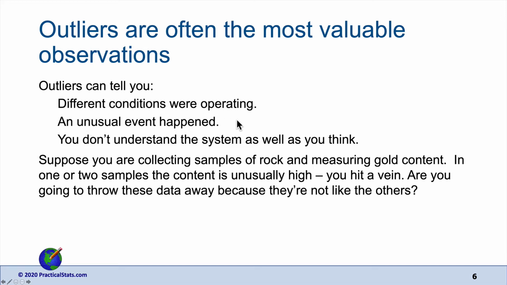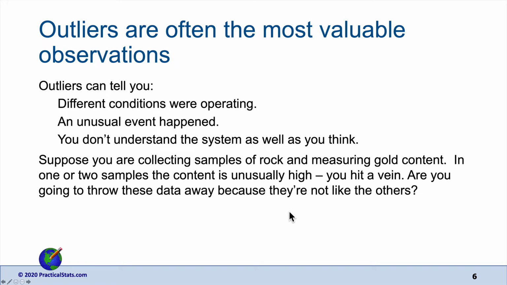If it's a point with a value that you don't expect, it could be that you just don't understand the system as well as you think. There may be different processes operating under certain conditions. The outliers can give you a clue to where those conditions might be.